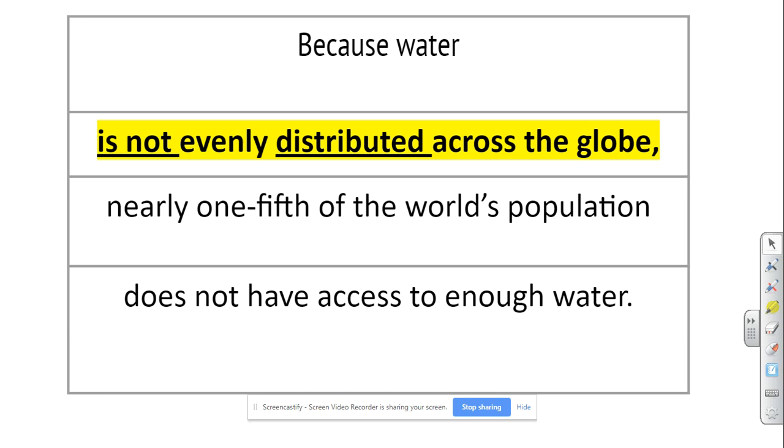Think about other verbs that we could use to talk about something being distributed or not being distributed around the room you're in now, and think about how the verbs differ slightly in meaning. Distributed we've talked about with division. So another verb could be divided: water is not evenly divided across the globe.